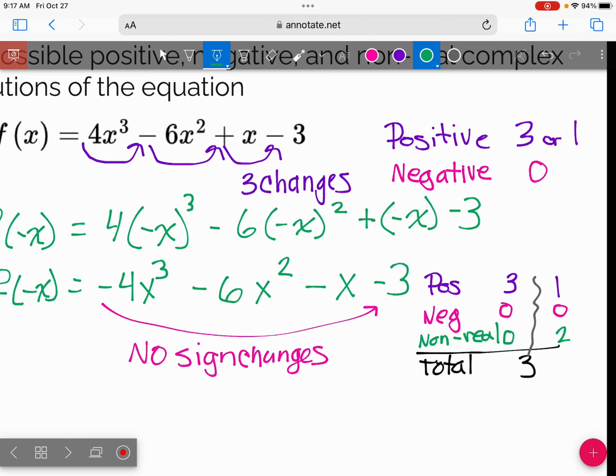Because we have to have a total of 3 roots. Whatever our degree is, that's how many roots we have to have. So if I have 1 real root that's positive, I have no negative roots, I have to get the 3 somewhere. So they're going to be imaginary. Good questions, guys. We're going to try it again.